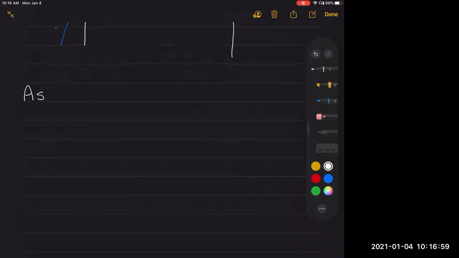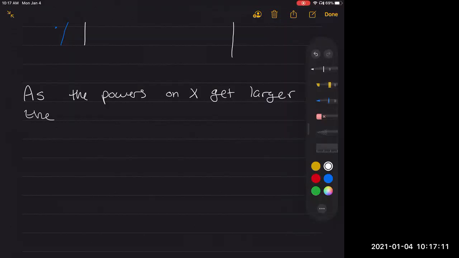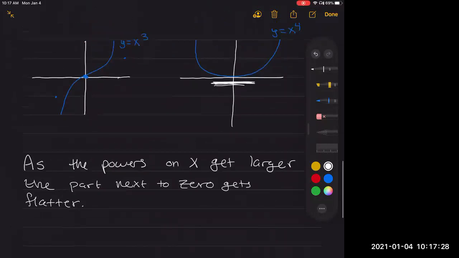So, as it also means that the parts further from 0 get steeper.